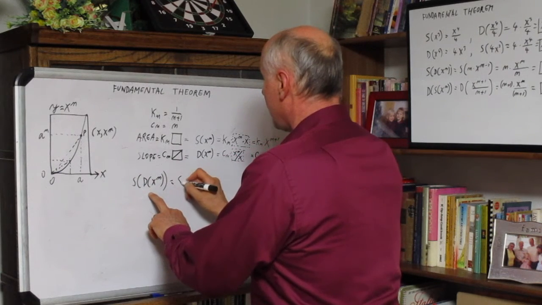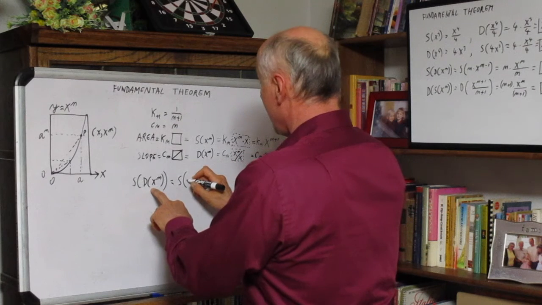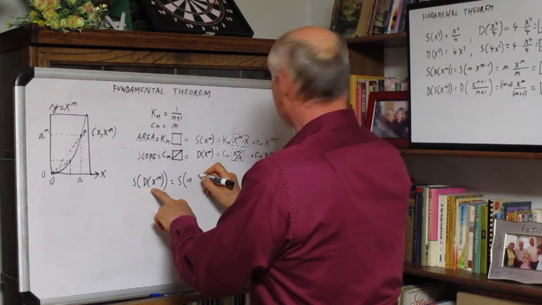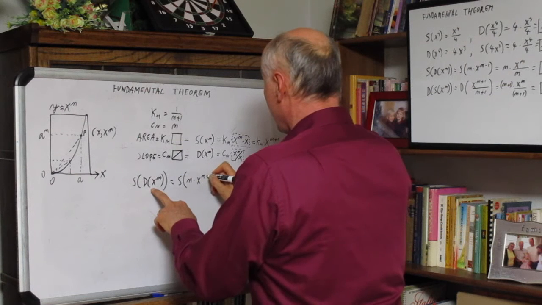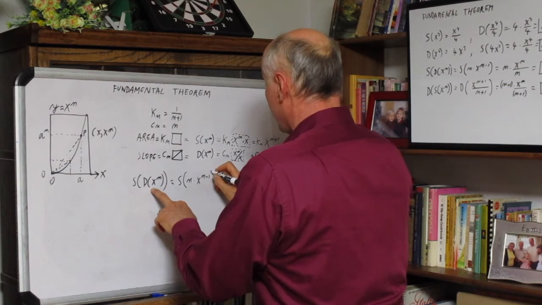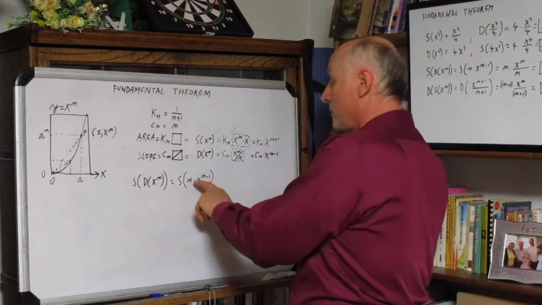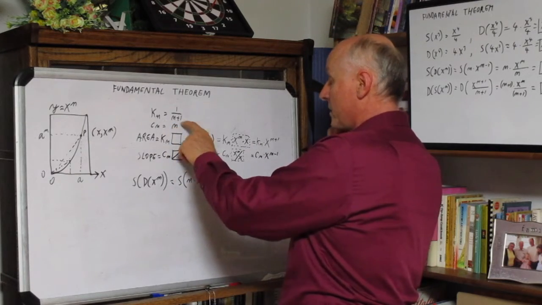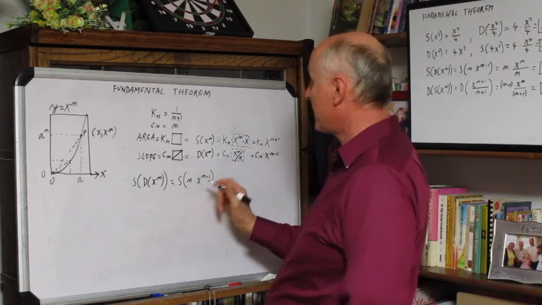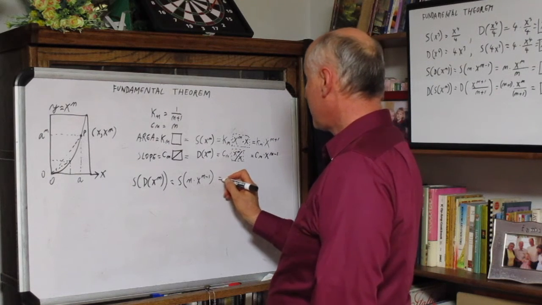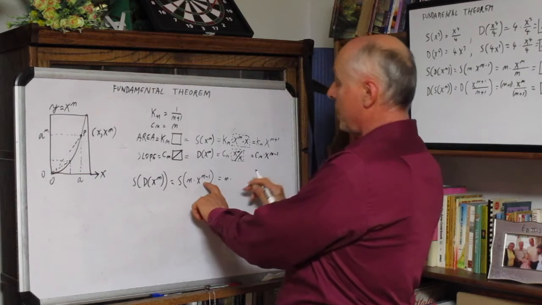That equals S of n times x to the n minus 1. We've lowered it by 1 degree and multiplied by C sub n, which is n. Now, keep going further. So this equals n times, now check this out.